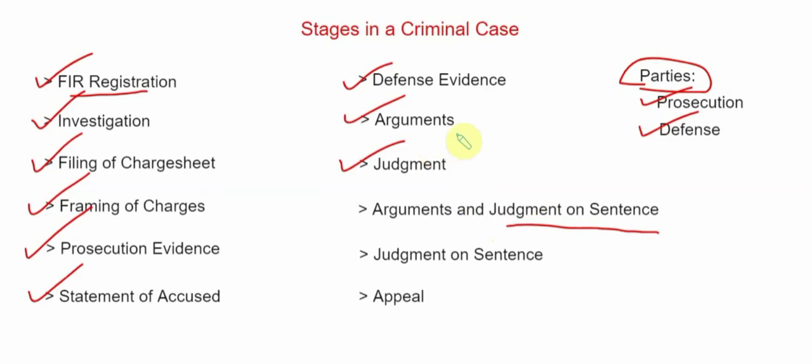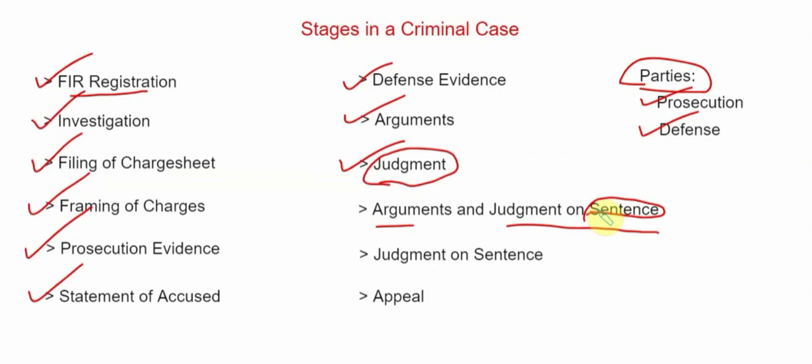When it comes to the guilt, the court will decide whether he's guilty or not. And if he is guilty, then there are going to be arguments and another judgment on the sentence. The reason there are two separate things here is that first we have to establish whether a person is guilty or not, and next is to decide what kind of punishment we should give him.